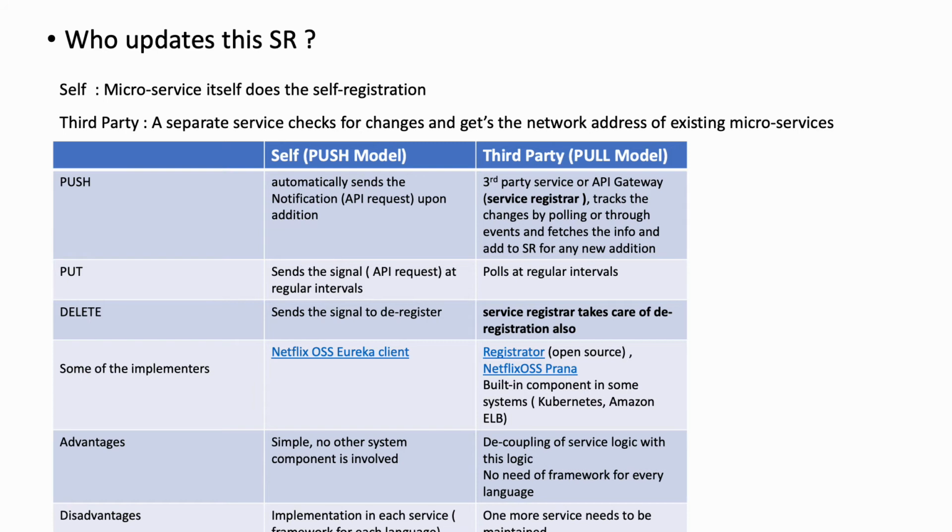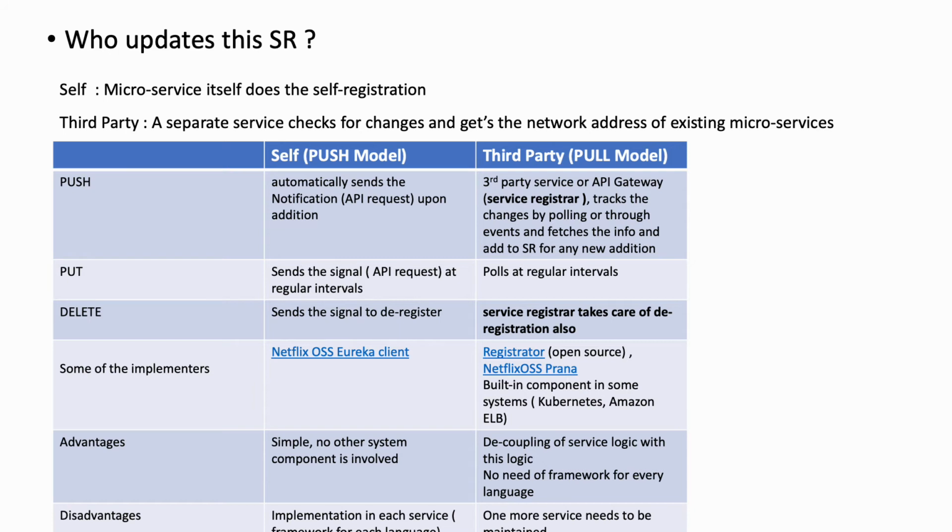Some microservices can be in Go, some in Python, some in Java, some in C, C++, or whatever be the language. Now we need to have this service registry updation logic in each and every service if we follow this concept.